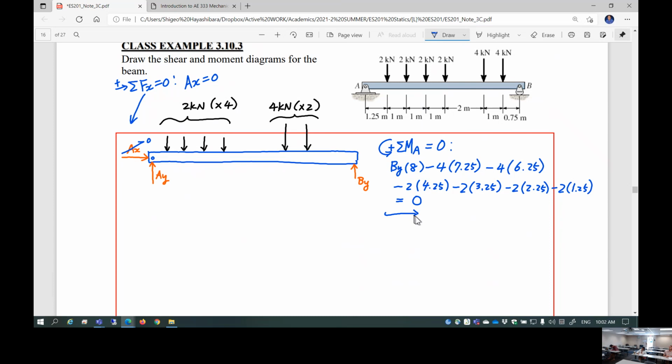From here you can get BY. So the BY support reaction is, I believe, 9.5 kilonewton. Is that correct? I hope. So this is one of the support reactions you can develop by taking the moment at point A. And summation of the force in the y direction.